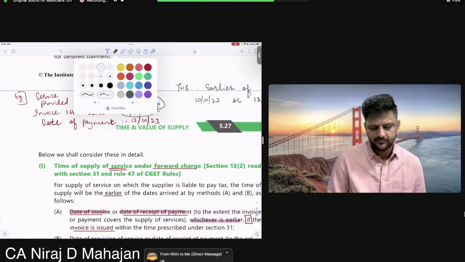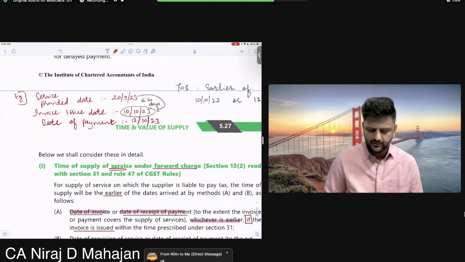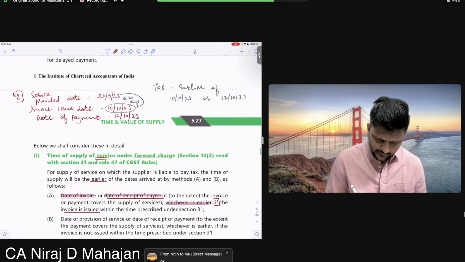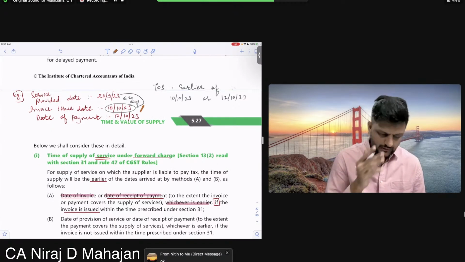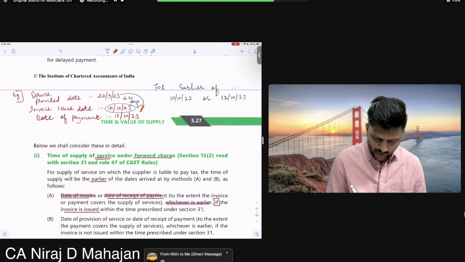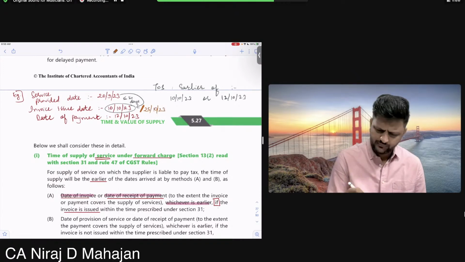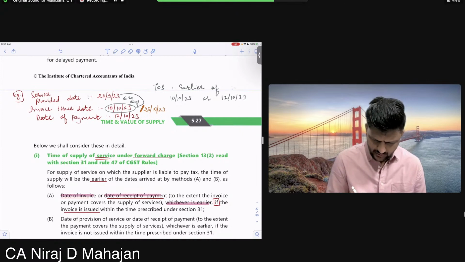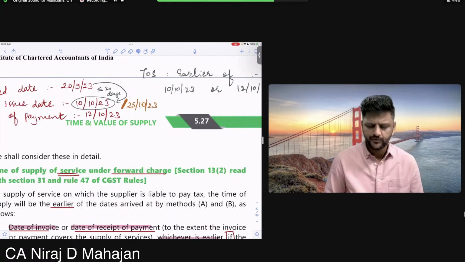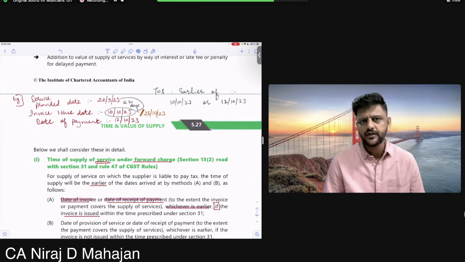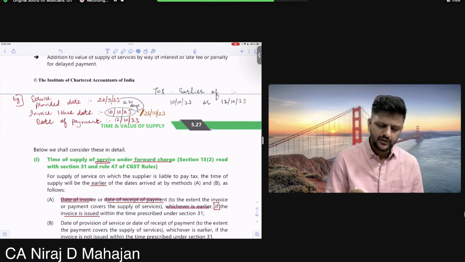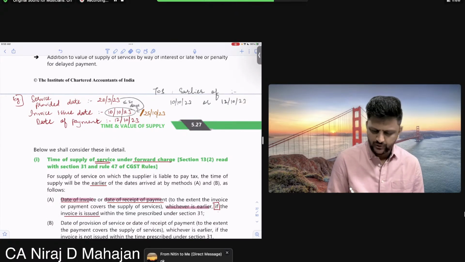If I take the same example here, okay, same example, I'm making a change here. The invoice was issued on 25th October 23. But payment I got, I'm not making changes, by 12th October. That we will see later on. Is it okay, everybody? Let me just write down that as a separate example only.